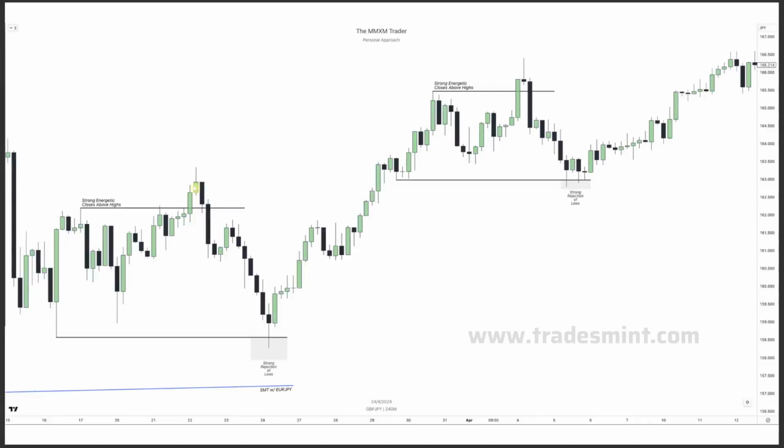So the bodies of the candles are closing above, while rejecting the lows happens with a swift wick, and then closure will be inside of this range. Same over here, we've got this low. We can see price has a strong rejection over here, not closing below that low, and vice versa over here we close above that high, right? So energetically closing above that high is an indication of a bullish market profile.